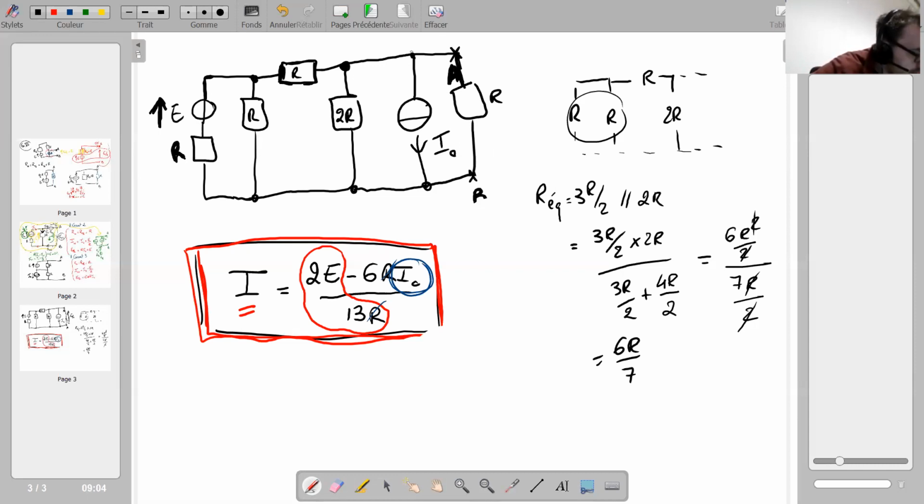Since all of them here, you have E there because you have E here. So yeah, you should go straight to the result. Try to apply it. It's a good practice.